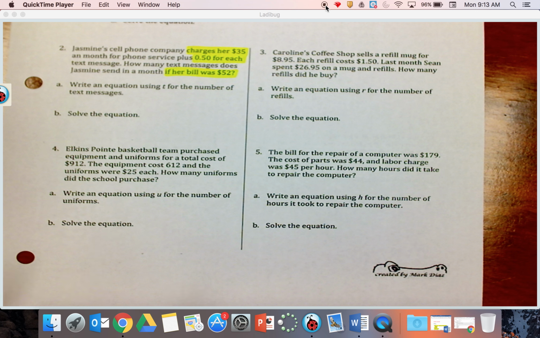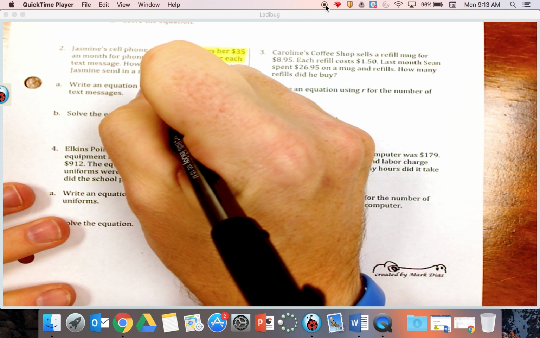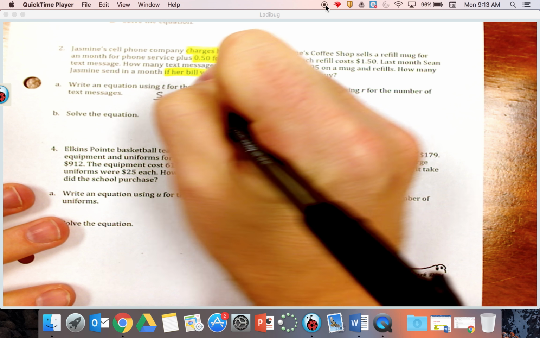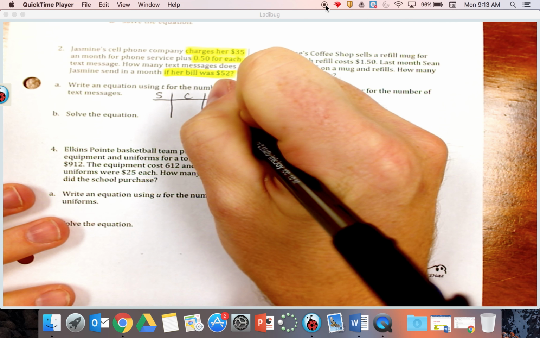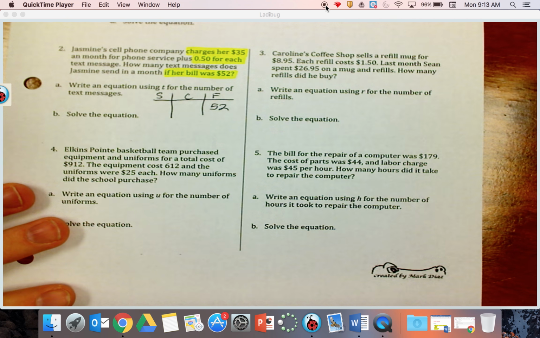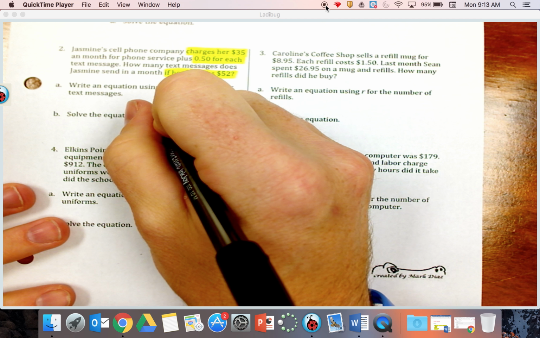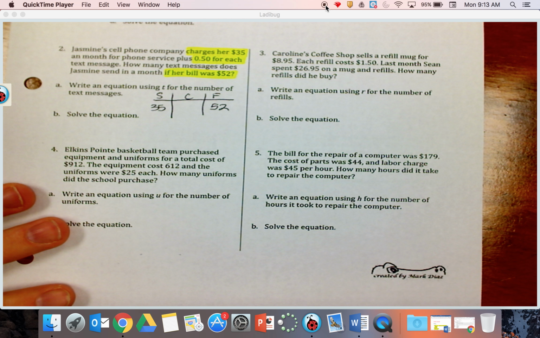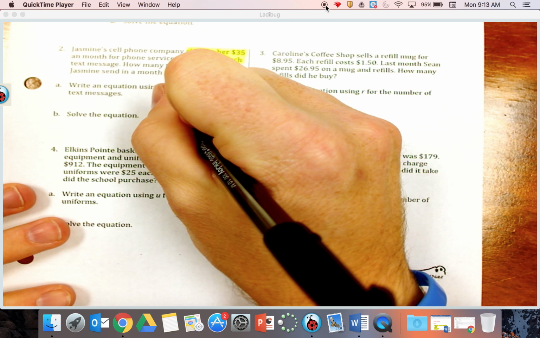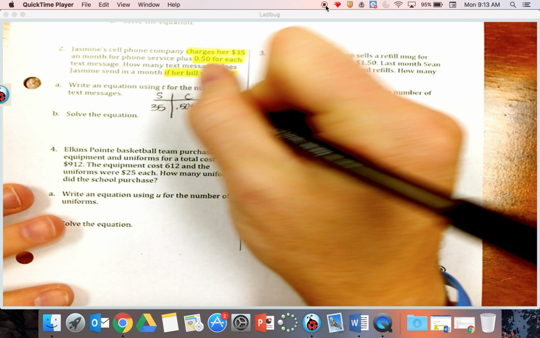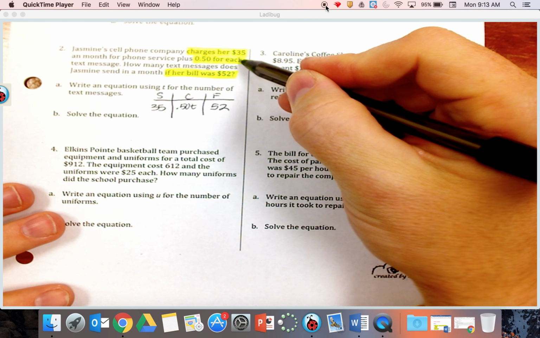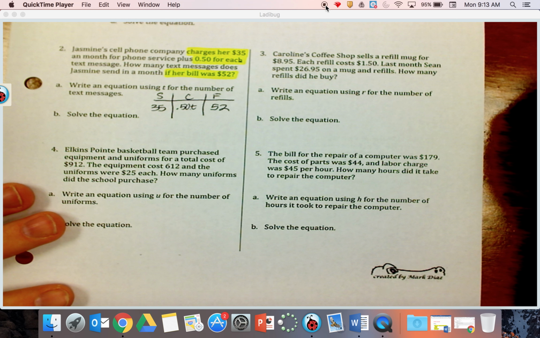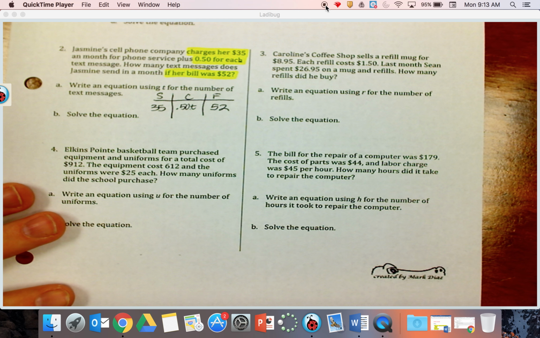So if I set this up with my start, change, and finish, my total was $52. They charged me $35 up front and 50 cents per text message. And there's that word each, 50 cents. Bam, puts it right in there. So now I'm ready to start.